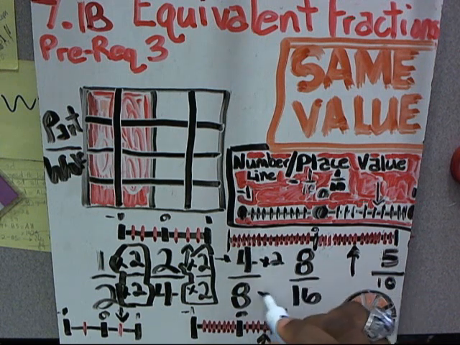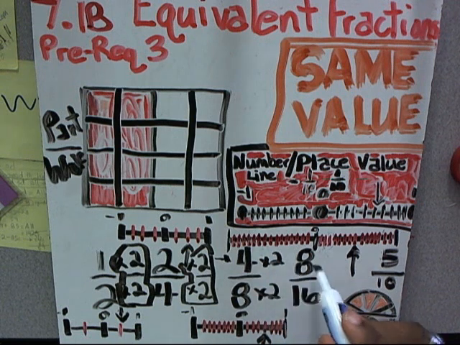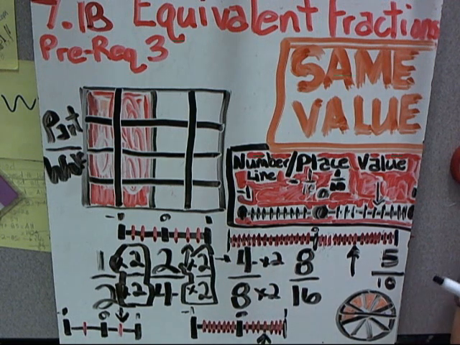If I do the same here, 4 times 2 equals 8, and 8 times 2 equals 16. So if you see this, all we're doing is multiplying to get the equivalent fraction.